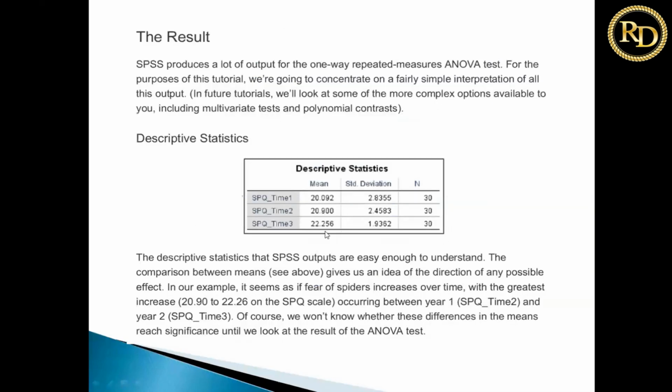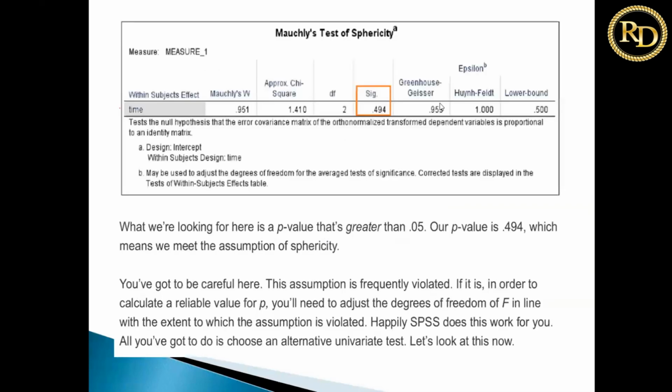This is the descriptive statistics, and then this is Mauchly's test of sphericity, that is, it tests the equality of variances of several groups. As we applied Levene's test for the equality of variances of two groups, here we are checking the equality of variances of several groups.